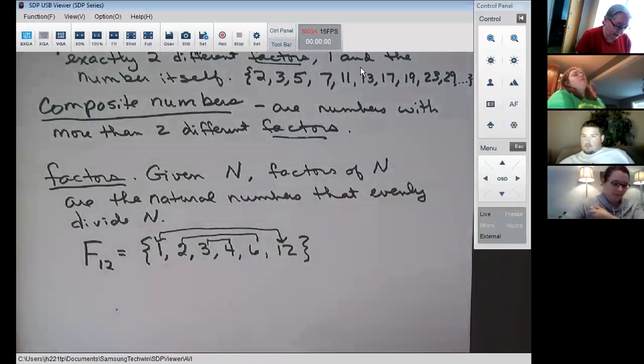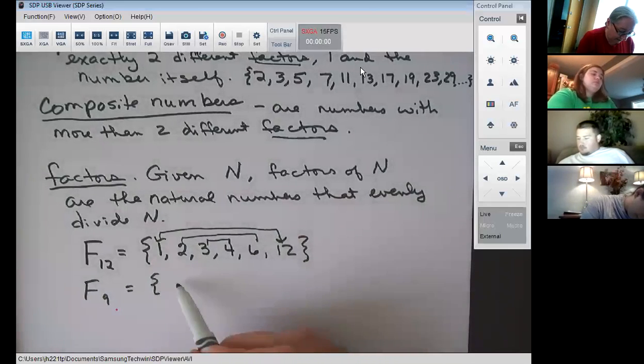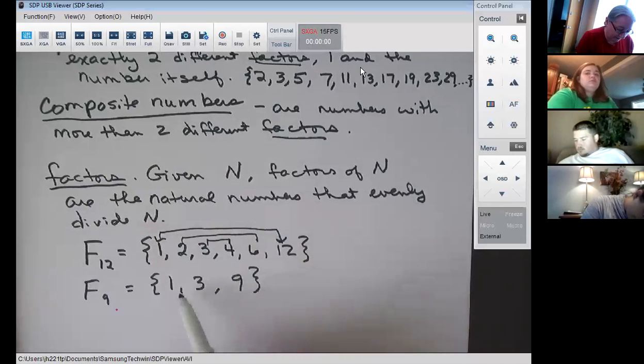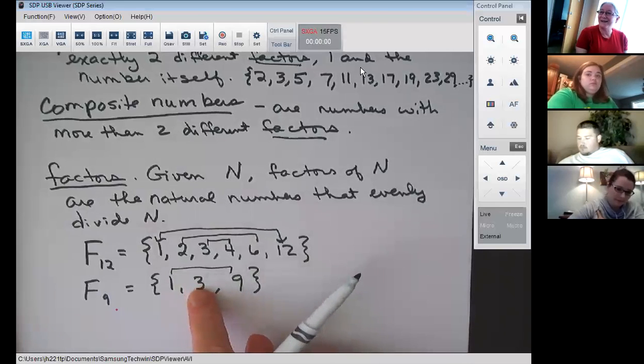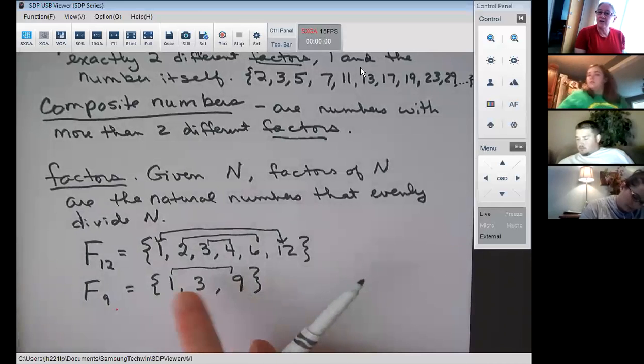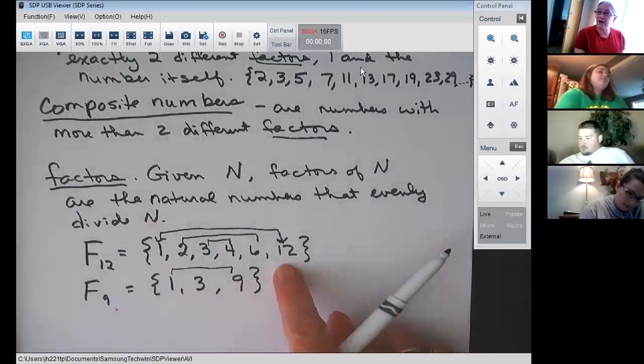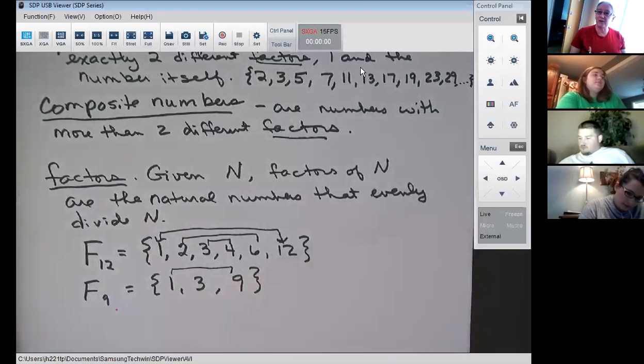Like if you were doing all the factors of 9, then in that case, you're going to have 1 and 3 and 9. And notice that 3 is basically its own partner, because if you take 3 and square it, you get 9. So when you have square numbers, you have an odd number of factors. When you have non-square numbers, you have an even number of factors. So that's kind of another number theory thing that you get into when you're looking at lists of factors.